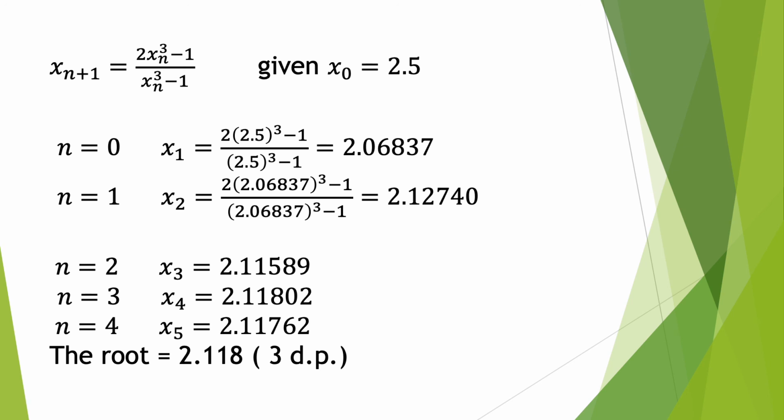Then we do the further solution until we get x_4 and x_5 are the same approximation when corrected to 3 decimal places. So the root equals 2.118, corrected to 3 decimal places.